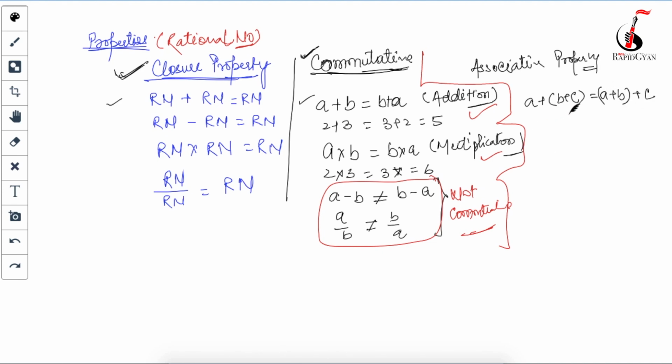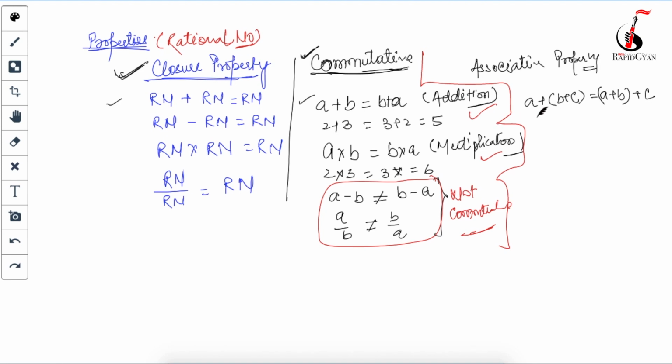Understand? Suppose there are three rational numbers. I will add b plus c first, and whatever answer I get, I will add with a. Or I will add a plus b first, and whatever answer I get, I will add with c. Both are going to be the same.